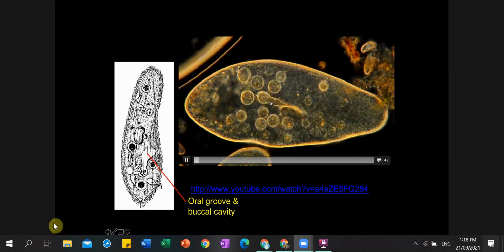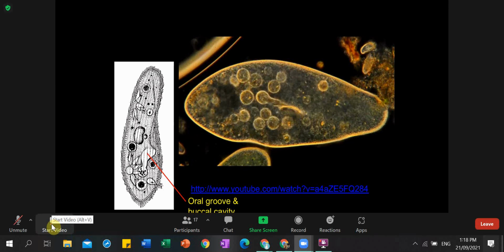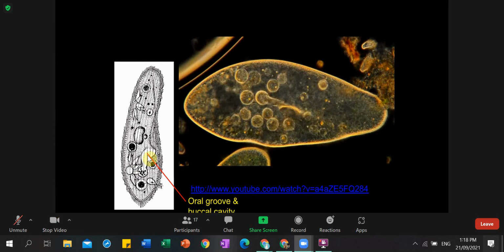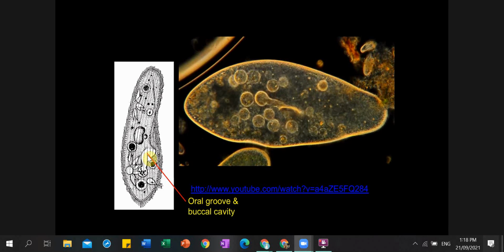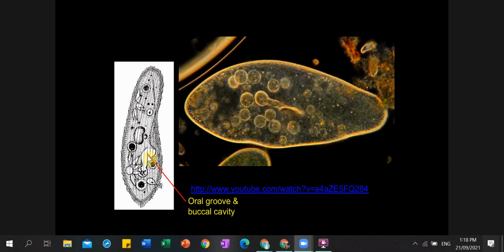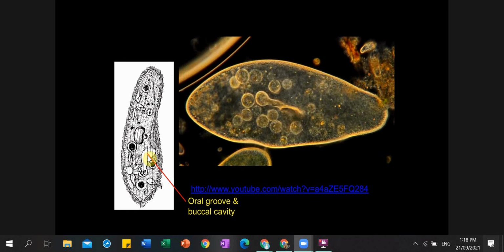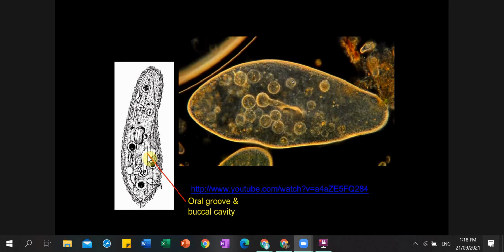Can you see the video? Yes, we can see it. Okay, good. Can you see it clearly? There's something moving there, right? Can anyone explain it? Do you see the movement right in the middle?